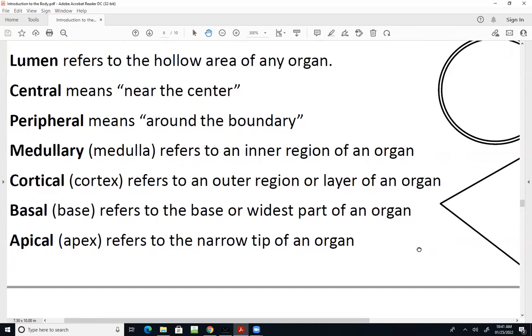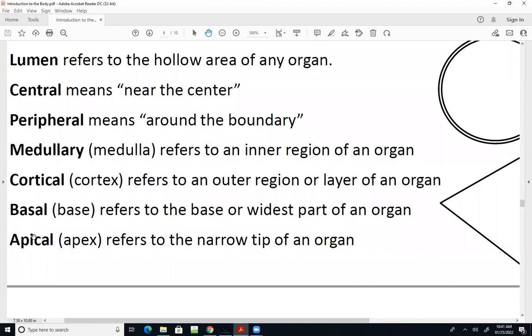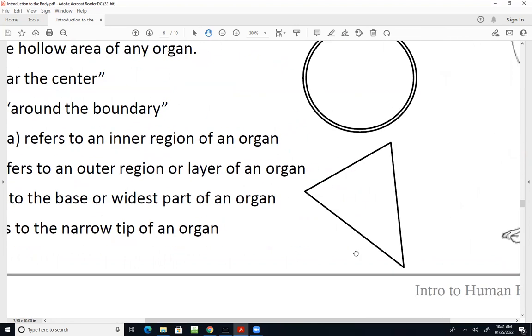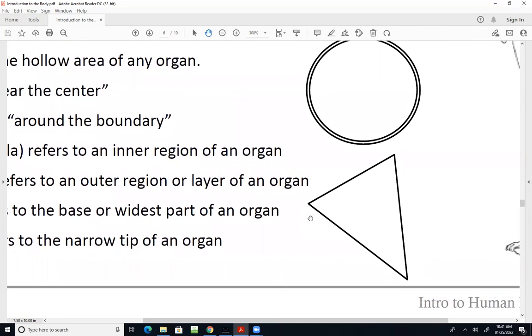And then base and apex, or basal and apical, refer to triangular shaped organs, like this triangle that I included here, which is drawn in a weird way. Generally, people don't draw triangles like this. But this is what your heart actually looks like in a very, very basic way.